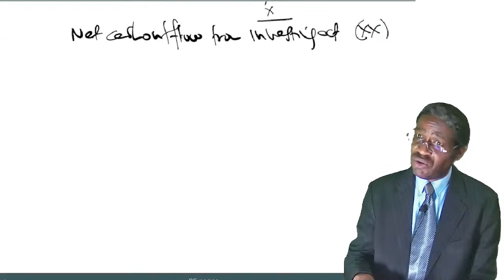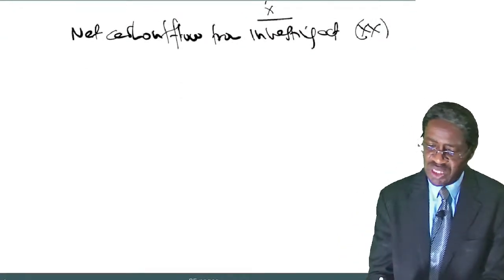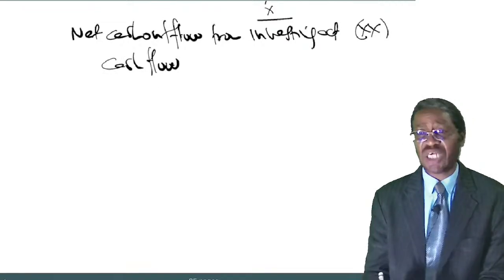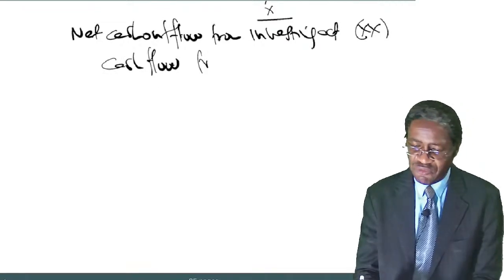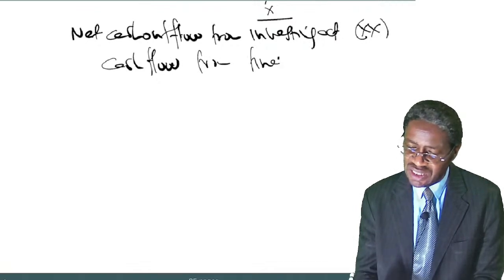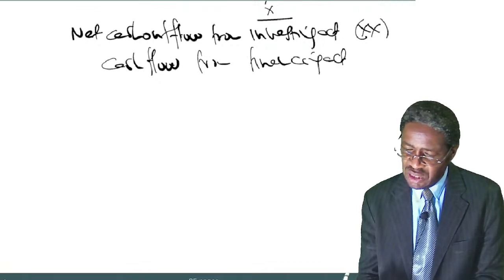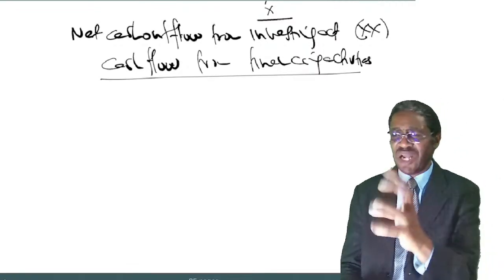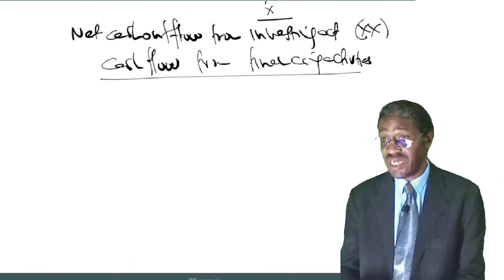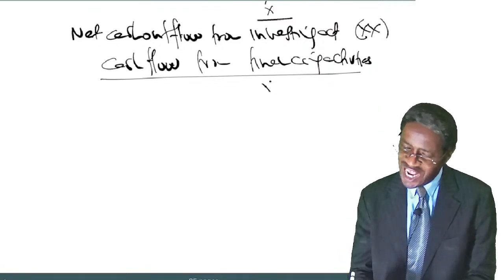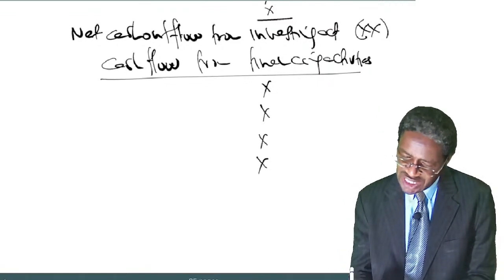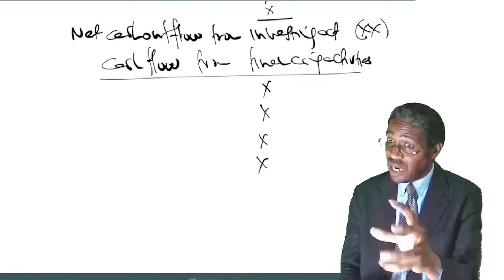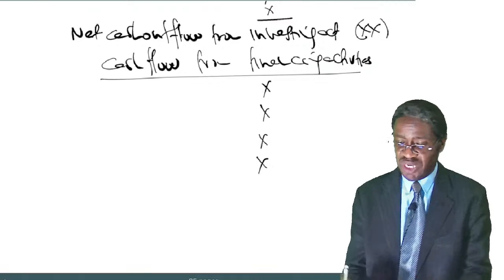The last category, once you are through with the second category, you had to come to the last category of the cash flows, and that was cash flows from financing activities. From all your financing activities as a company, how much were the cash flows? Again, you had to identify all your financing activities. Some would be positive, some would be negative.